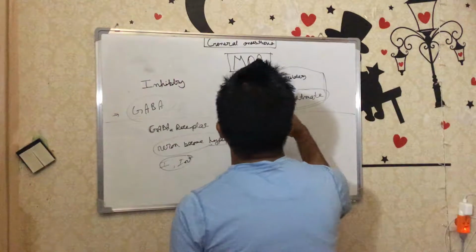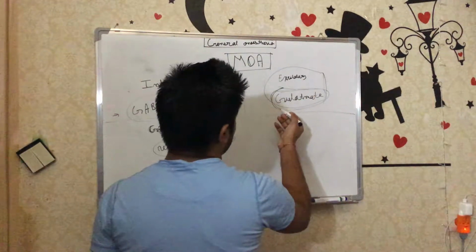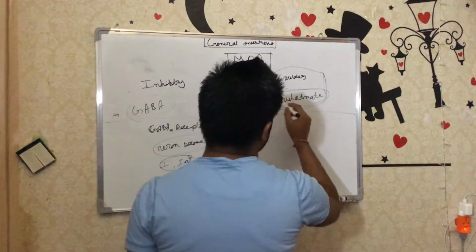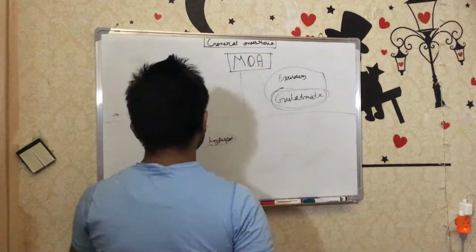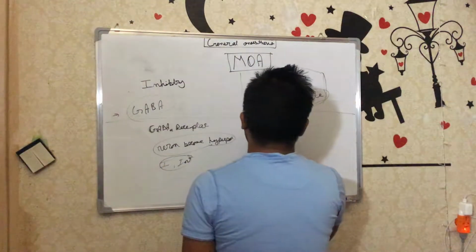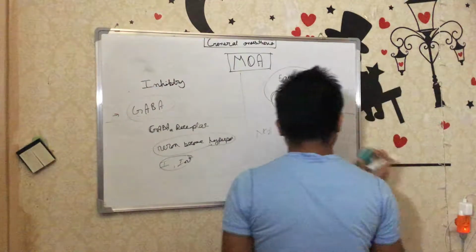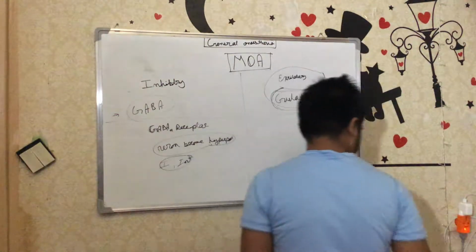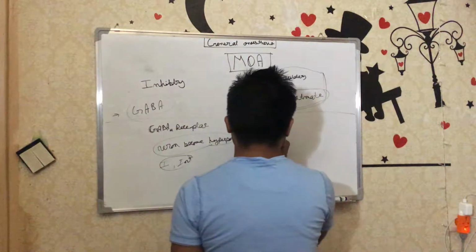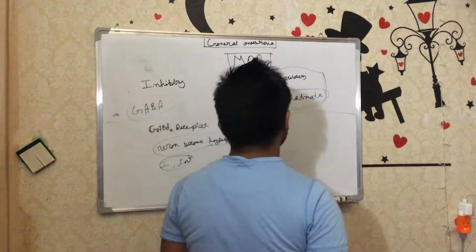So the brain becomes more inhibited, because glutamate helps excitation. Like nitrous oxide, N2O, that is a gaseous inhalational anesthetic.